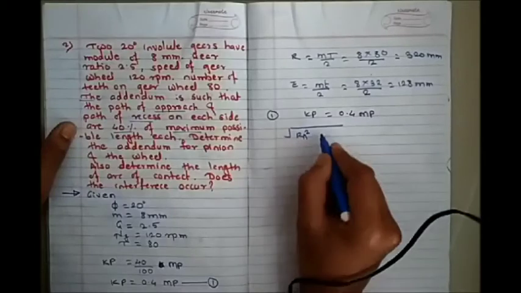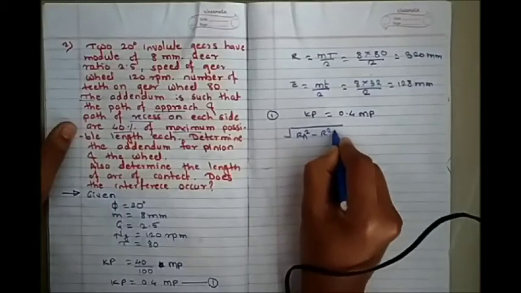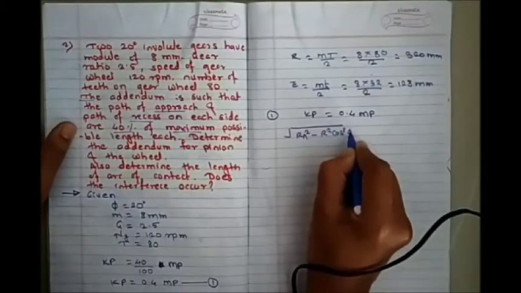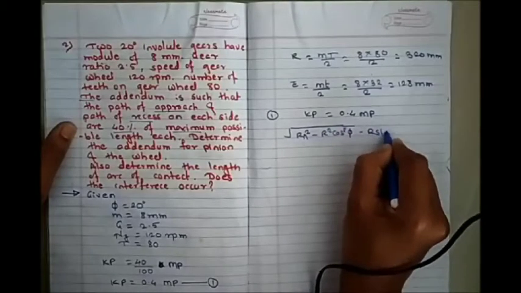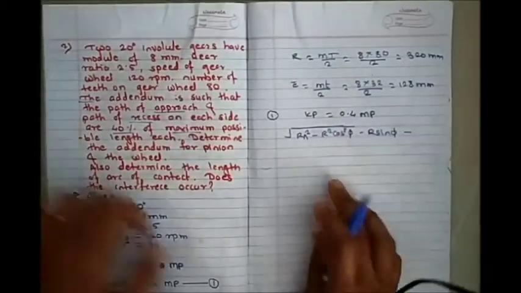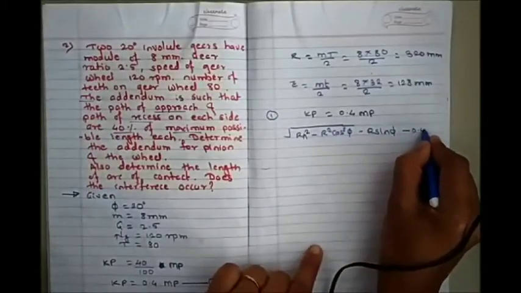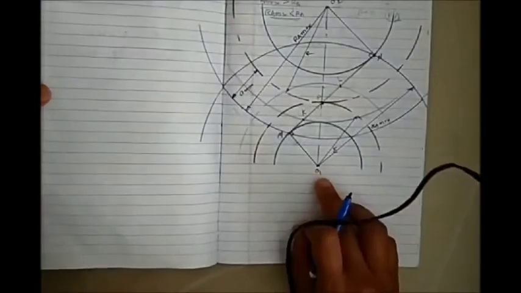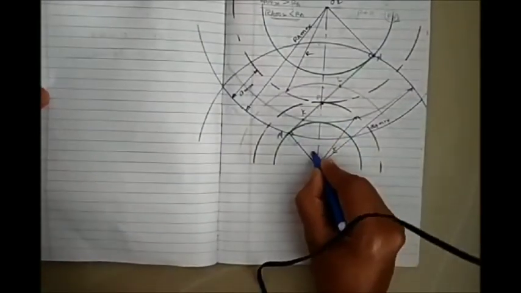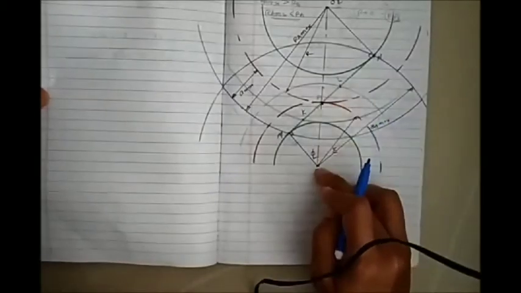So it is under root of RA square minus R square cos square phi, minus R sin phi, equals 0.4 times MP. Now MP, see this triangle O1 MP, this angle is phi and this radius is small r.